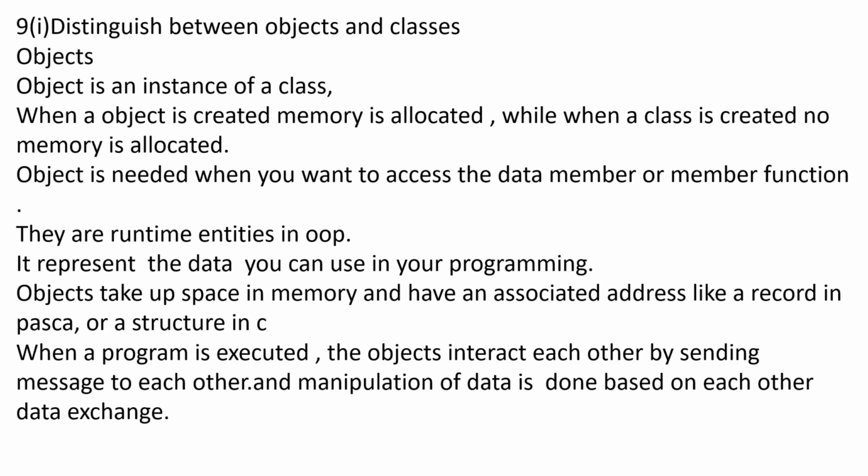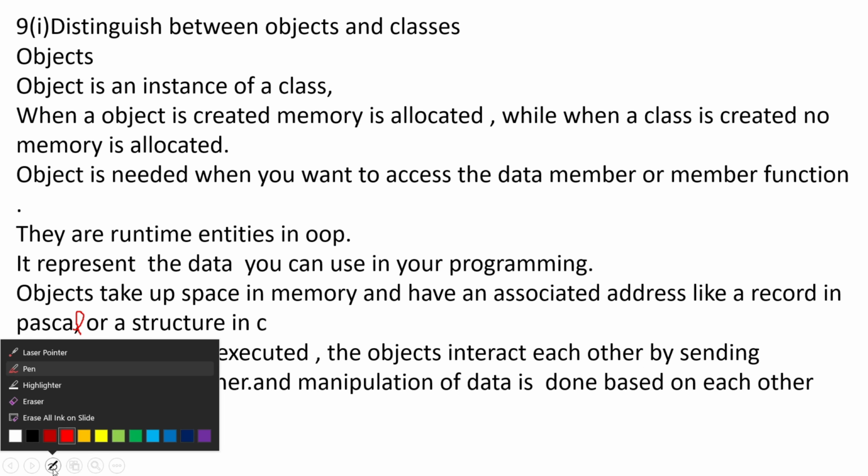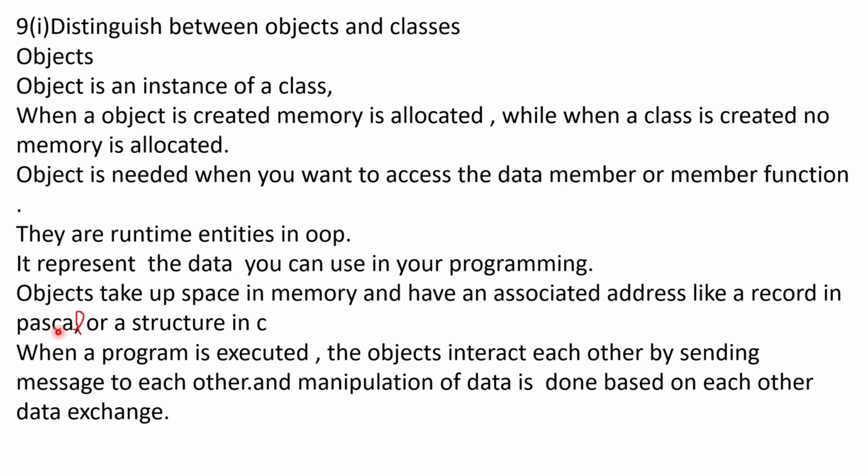Let me write this so it will be clear. Here I have written the structure, Pascal. So let's begin. When a program is executed, the objects interact with each other by sending messages to each other, and manipulation of data is done based on each other's data exchange.